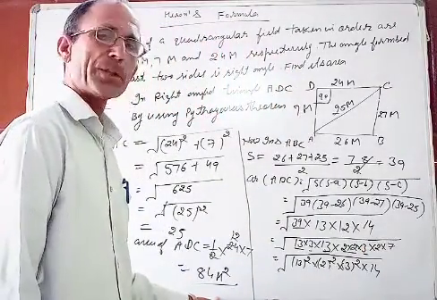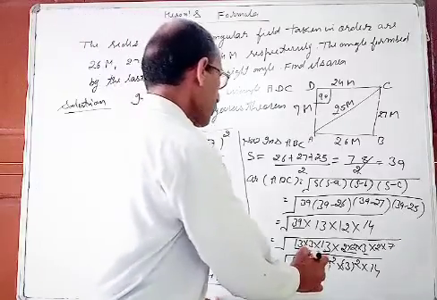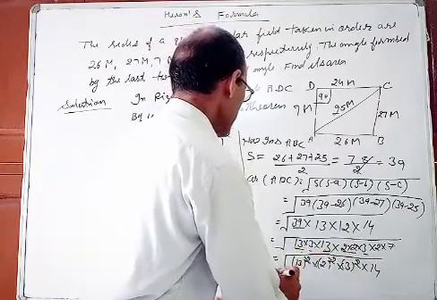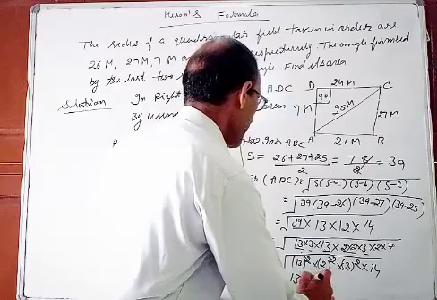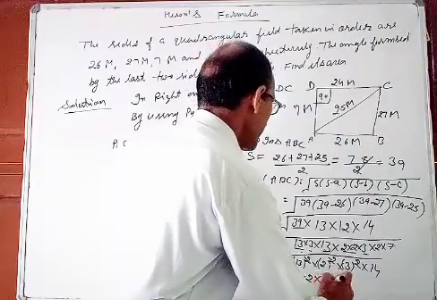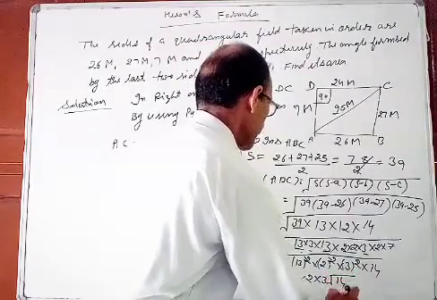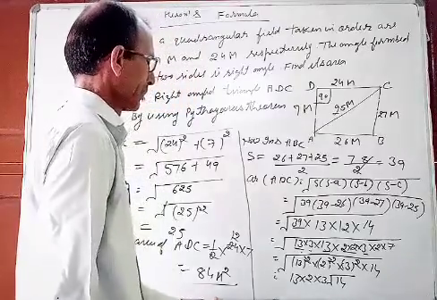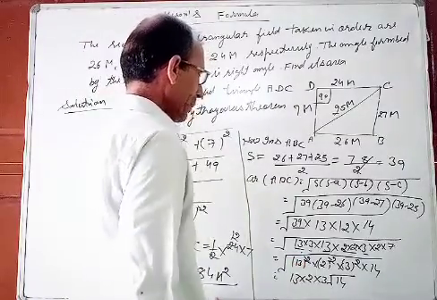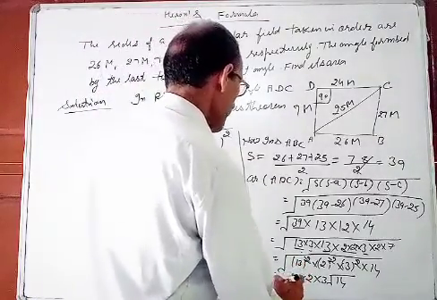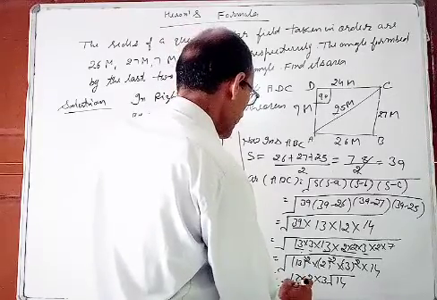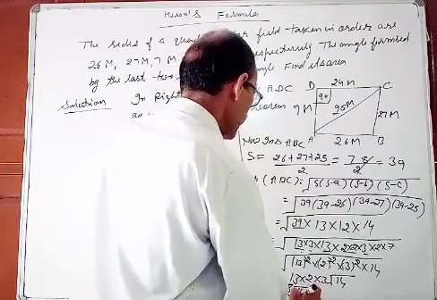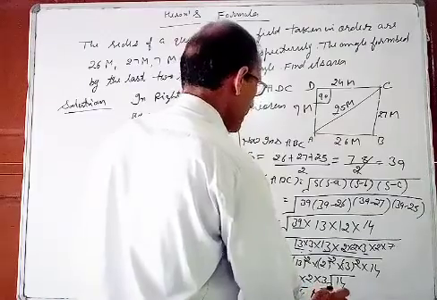Any doubt, any confusion? So square cancels the square root. So 13 multiplied by 2 multiplied by 3 root 14. So multiply them, 78 root 14. This is the area of the second triangle.